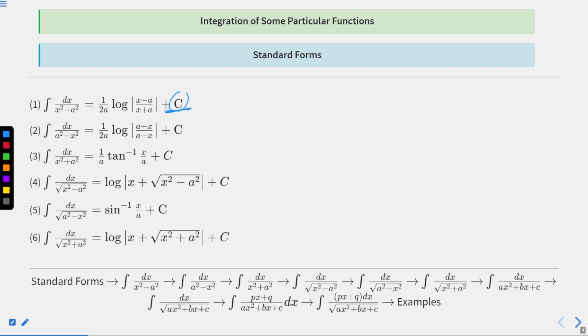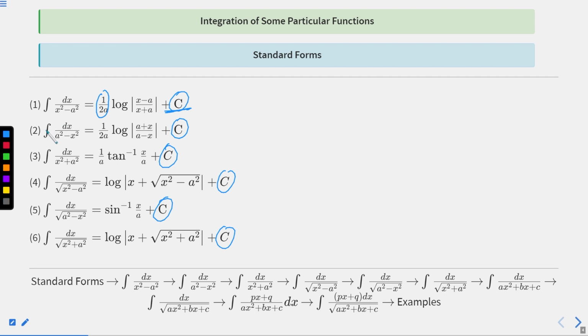Okay, always add some constant. In indefinite integrals you always have to add some constant. Now integration of dx divided by a square minus x square will be 1 by 2a log of a plus x divided by a minus x.